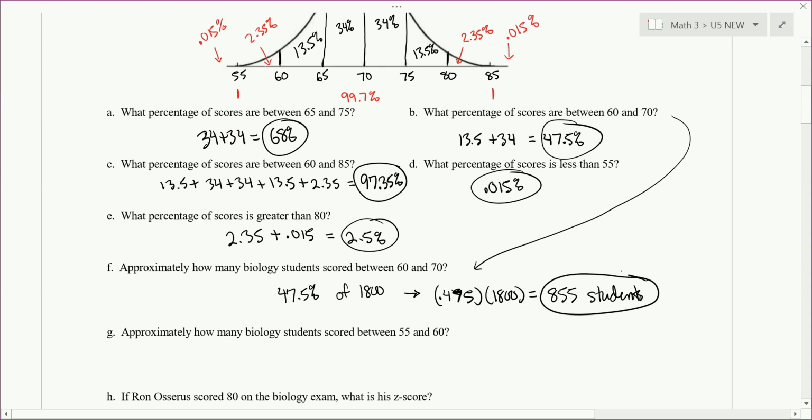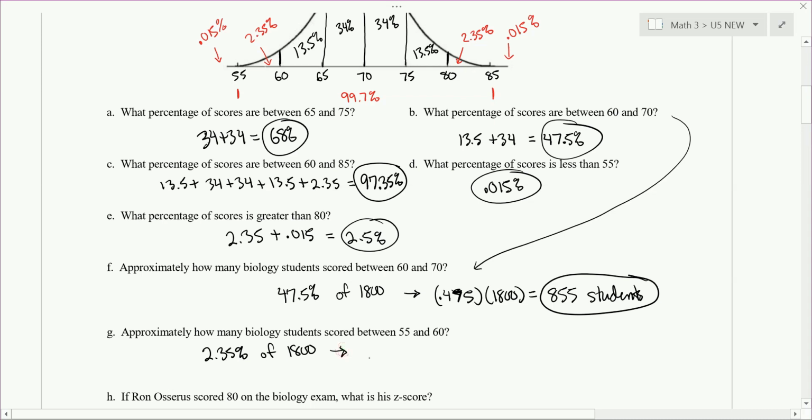Part G, approximately how many biology students scored between 55 and 60? If we look at our diagram above, we see that we have 2.35% of students falling within there, and the total number of students is 1,800.